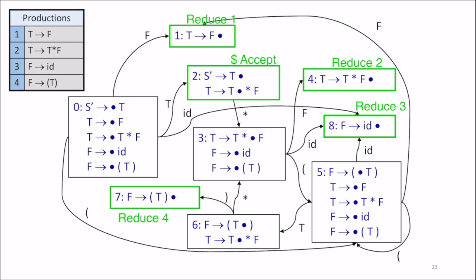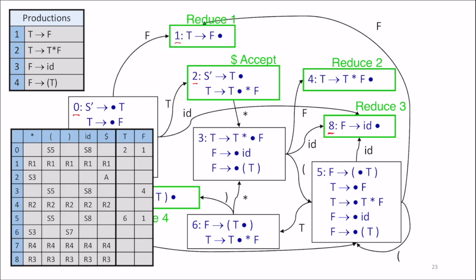If you look at this automaton, each of these consists of a transition from state 0 to state 1, or state 0 to state 2, state 0 to state 8, etc. I can take this finite state automata and represent it as a table. And whenever there's a transition on an input symbol, I put it in the action table.